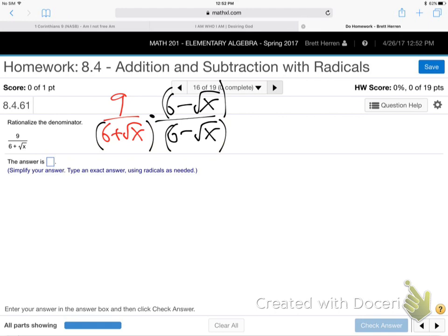So distribute on the top, FOIL on the bottom. Good things should happen. Take that 9. Good on the top. Oh, this is different.